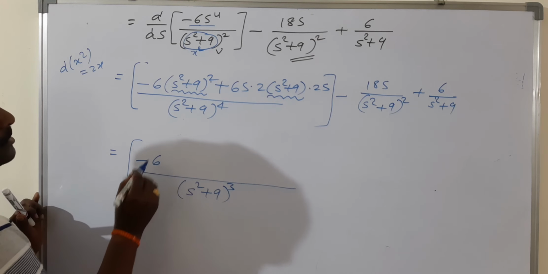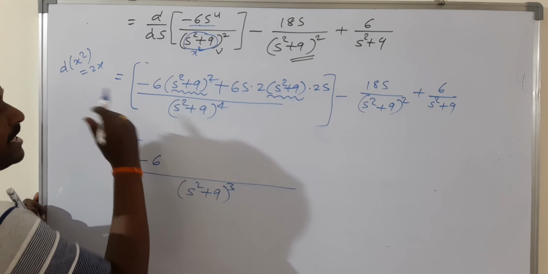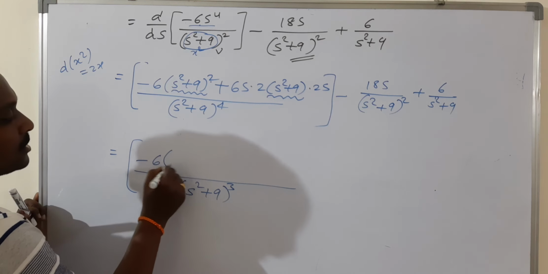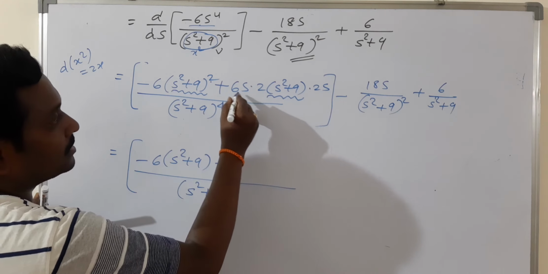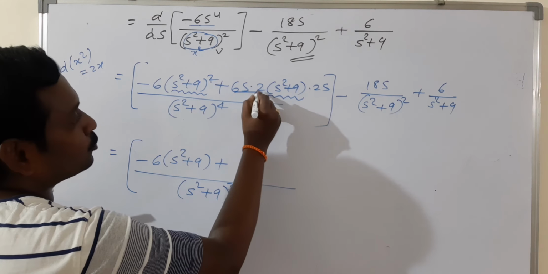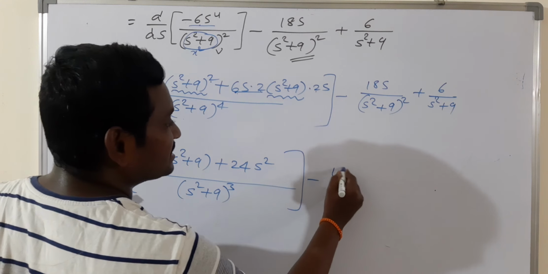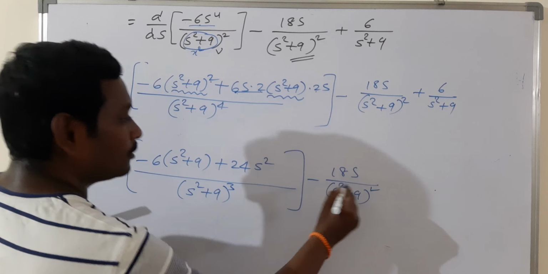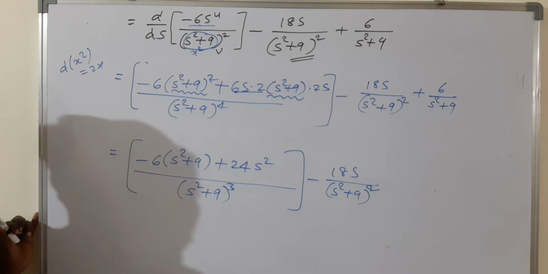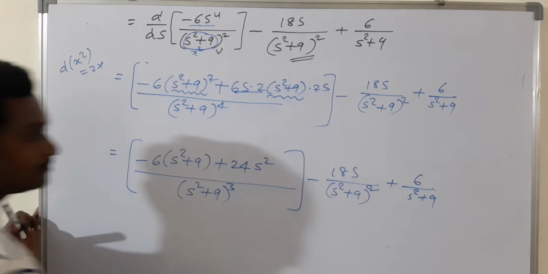So minus 6 into, there are two terms here, and one term gets cancelled in the first part. So we have s square plus 9 plus 6s into 2, 12s into 2s, 24 s square, minus 18s by (s square plus 9) whole square plus the last part, 6 by s square plus 9.